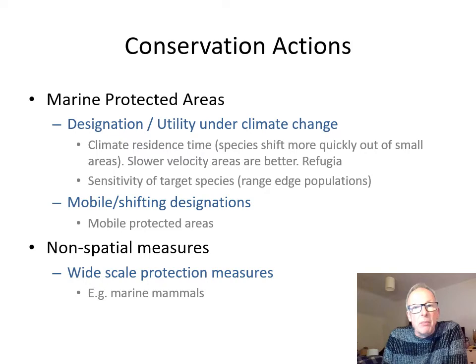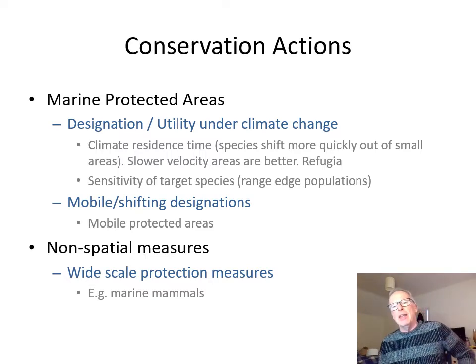Climate residence time is an important thing, so in those places where the velocity of climate is lower, we anticipate holding on to the distributions of species for longer. Might be a good place to consider as a sort of refuge from the impacts of climate change. Knowing where the species actually is within its temperature range is really important.